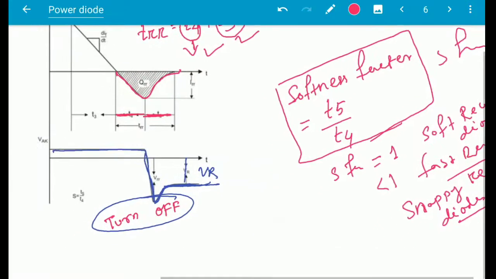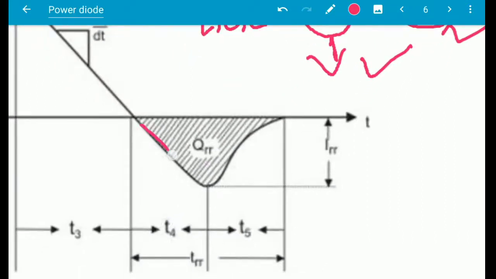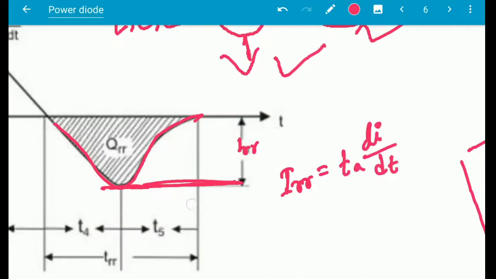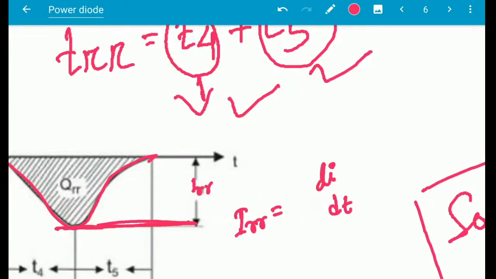And here another thing we have to remember, here this one is IRR, that means reverse recovery current, maximum reverse recovery current, and this can be given as IRR is equal to T4 into di by dt.